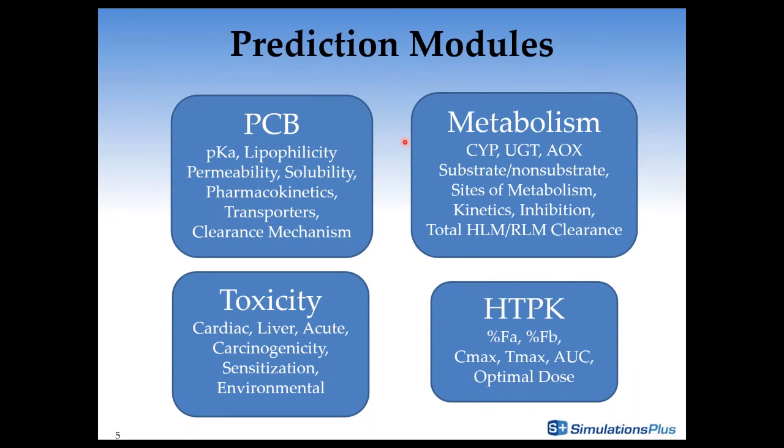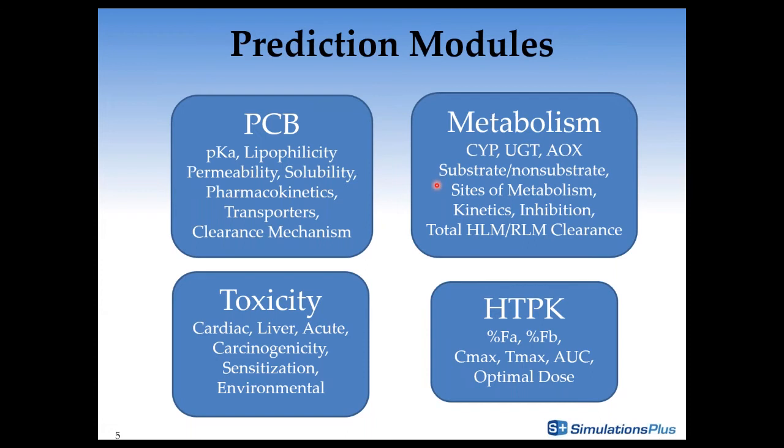The metabolism module covers cytochrome P450, UGT, and as of version 9.5, aldehyde oxidase enzyme. We have substrate, non-substrate models for all of these. There are several isoforms of CYPs and UGTs. For the CYPs and for AOX, we have sites of metabolism models.